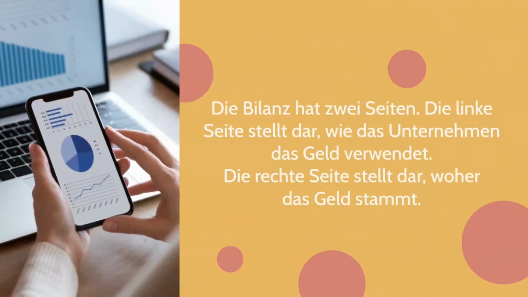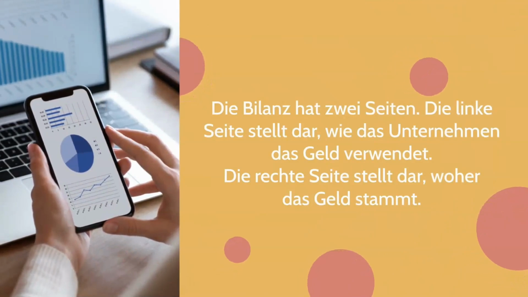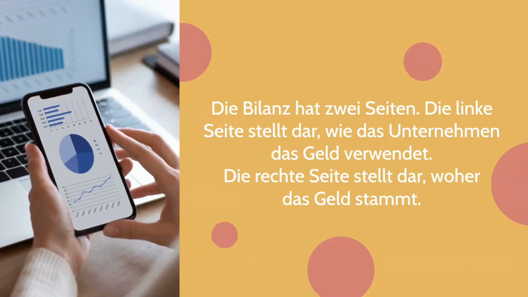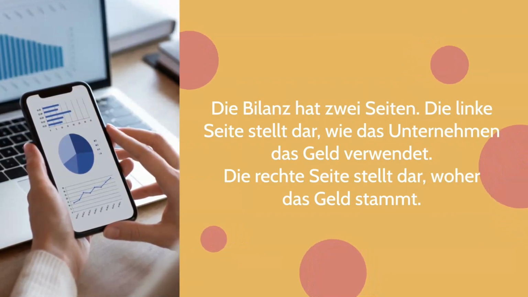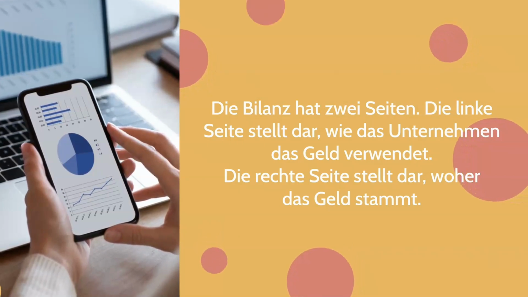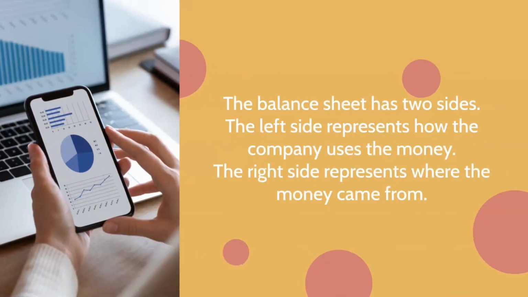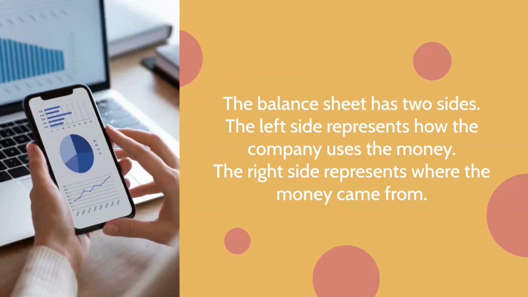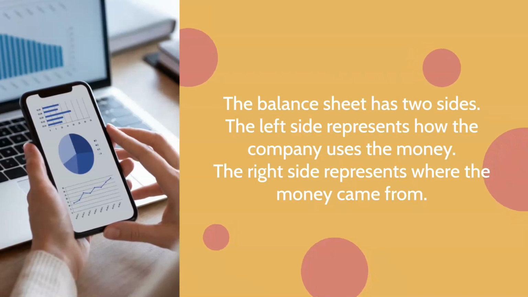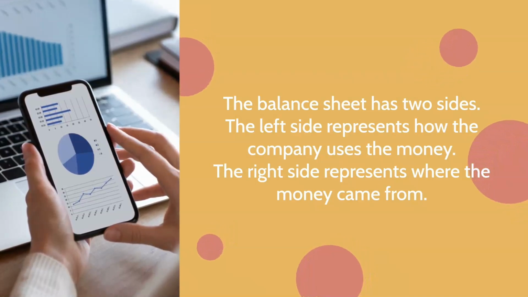Die Bilanz hat zwei Seiten. Die linke Seite stellt dar, wie das Unternehmen das Geld verwendet. Die rechte Seite stellt dar, woher das Geld stammt. The balance sheet has two sides. The left side represents how the company uses the money, and the right side represents where the money came from.